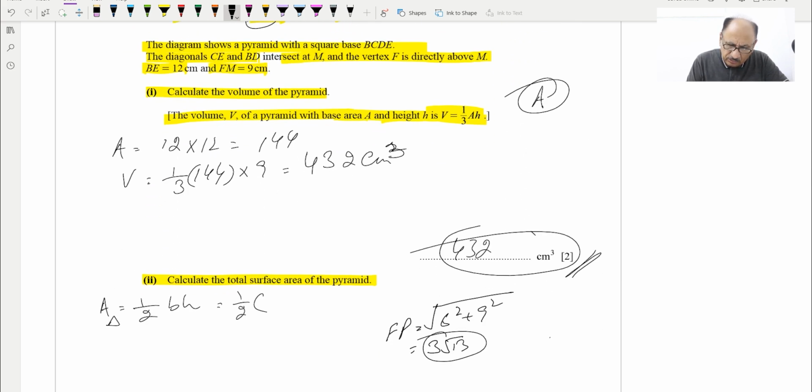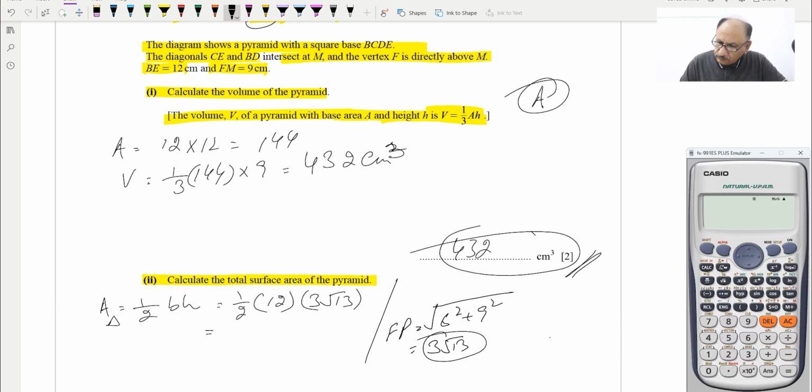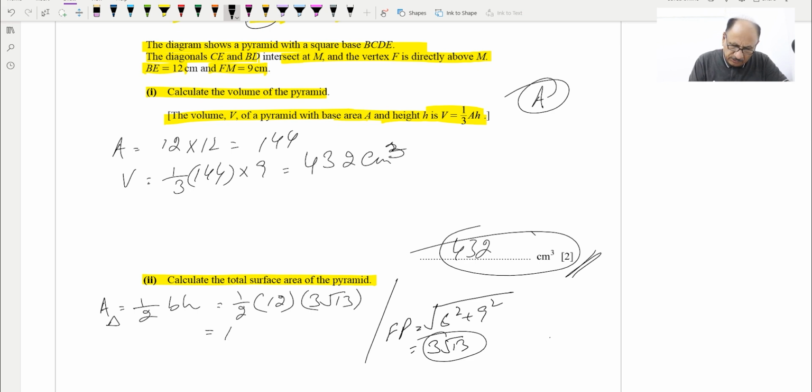Base is 12 and height is 3 root 13, and this will be 0.5 into 12 into 3 root 13, and this is resulting to 18 root 13. Now what is this area?